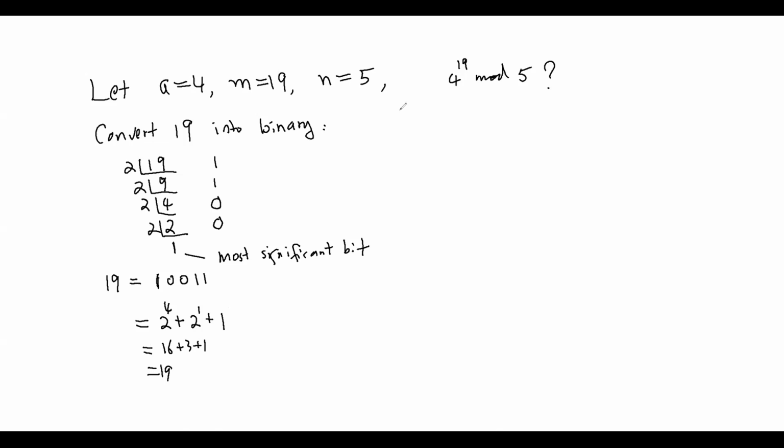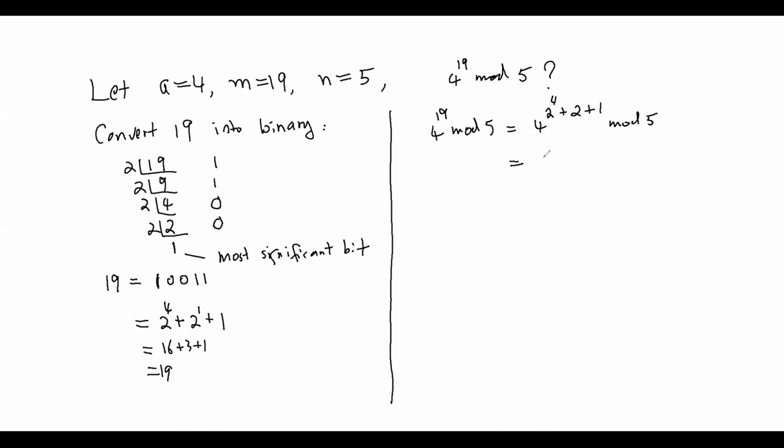Okay, so then 4 to the 19 mod 5 is equal to 4 to the 2 to the 4 plus 2 plus 1, mod 5.